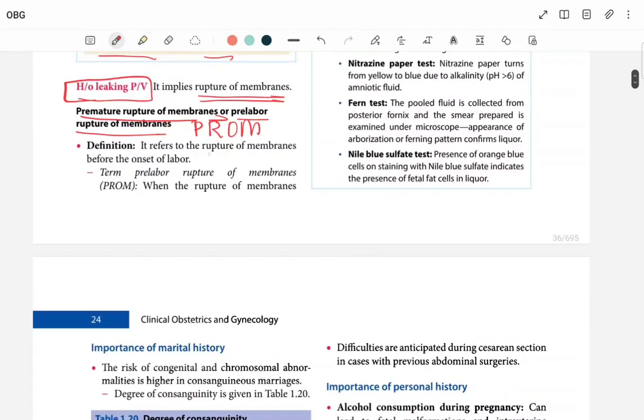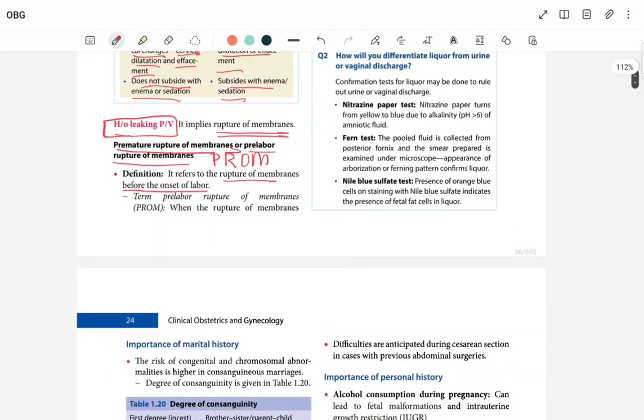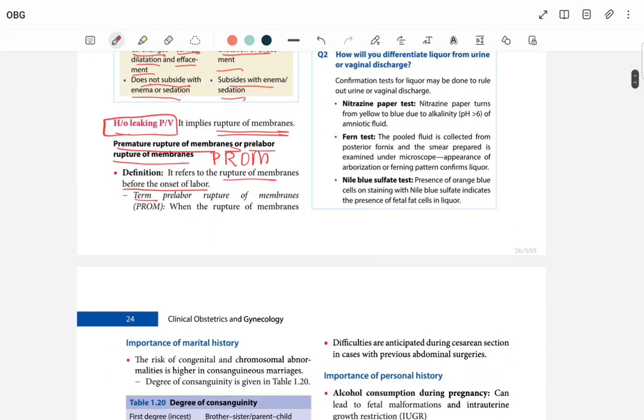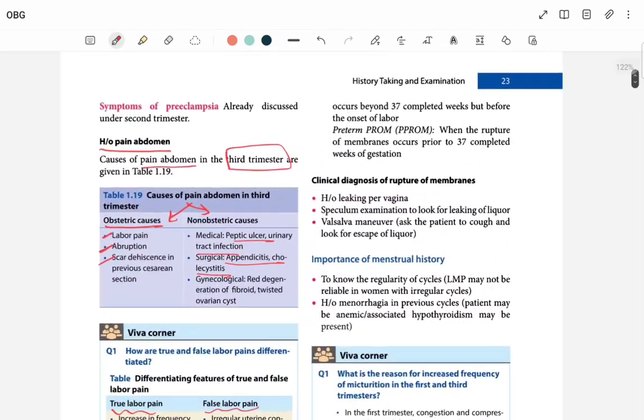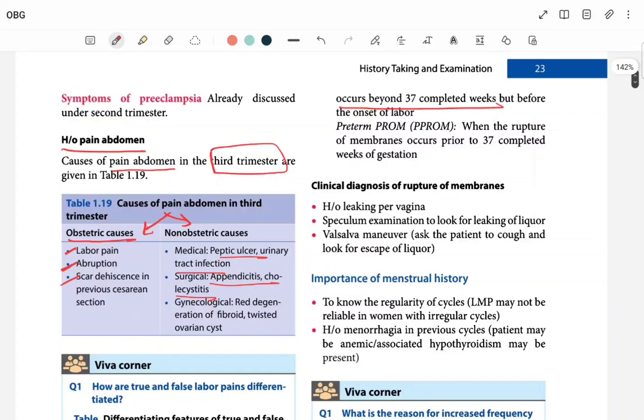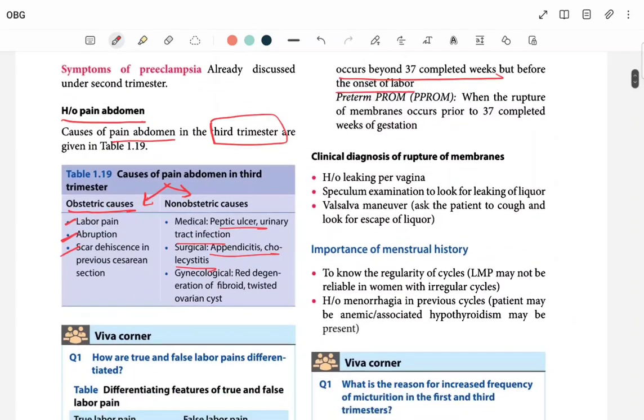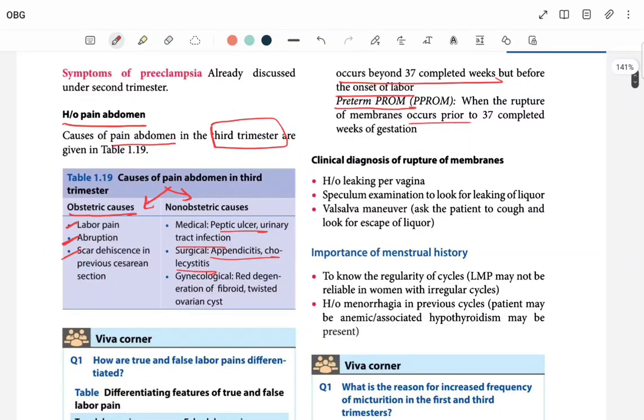It refers to rupture of membranes before the onset of labor. PROM is divided into term PROM, that is when the rupture of membranes occurs beyond 37 completed weeks but before the onset of labor, and preterm PROM, that is when the rupture of membranes occurs prior to 37 completed weeks of gestation.